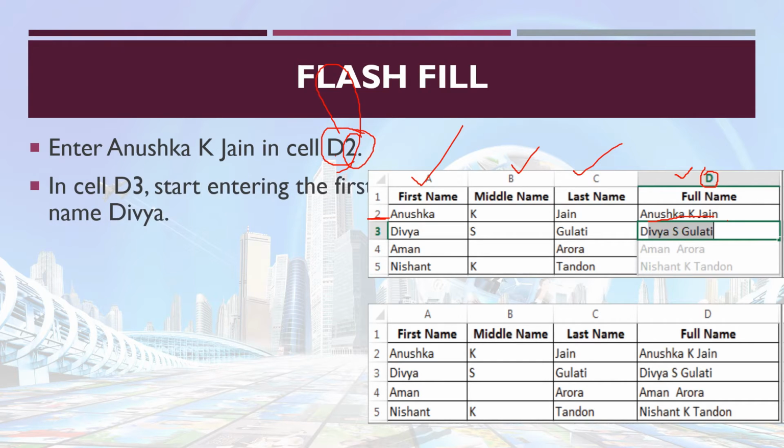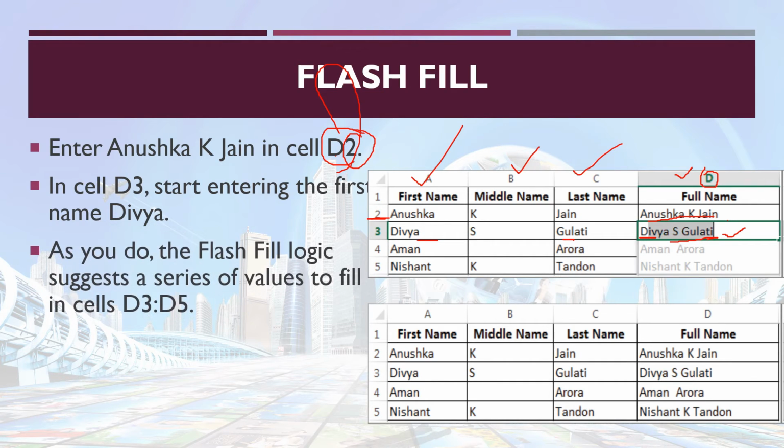Next, in cell D3. So this is cell D3, right? In cell D3, start entering the first name Divya. Yes, Gulati we need, right? So first type Divya. When you type D itself, the remaining name will be entered automatically. You see here? As you type, the flash fill logic suggests a series of values to fill in cells D3 to D5.